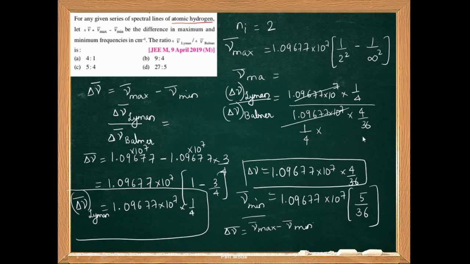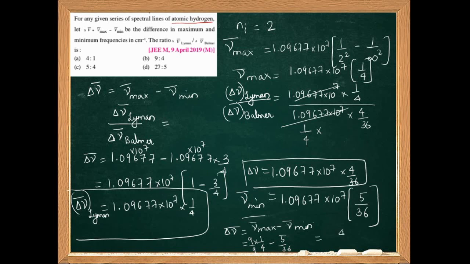Okay, I guess I've made some mistake for Balmer. So the maximum for Balmer was what? 1.09677 into 10 to the power 7 into 1 upon 4. So this was the maximum and the minimum was 5 upon 36. So if I take the difference of these, this will give me 1 upon 4 minus 5 upon 36. So I have to multiply by 9 upon 9.